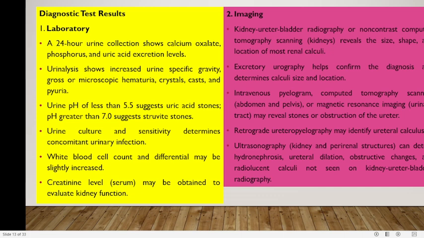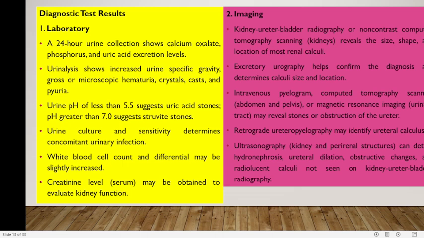Urinalysis shows increased urine specific gravity, and in that case, we need more rehydration. Urine pH of less than 5.5 suggests uric acid stones. A pH of greater than 7 suggests struvite. Remember, struvite stones will always be associated with UTI in females.